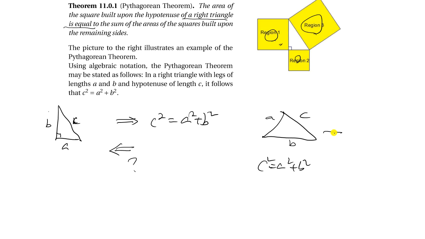Then can you say that the triangle is actually a right triangle? And actually it's true, right?